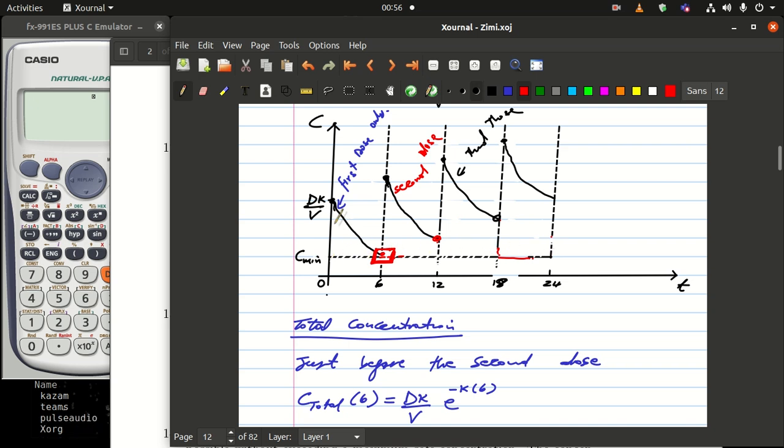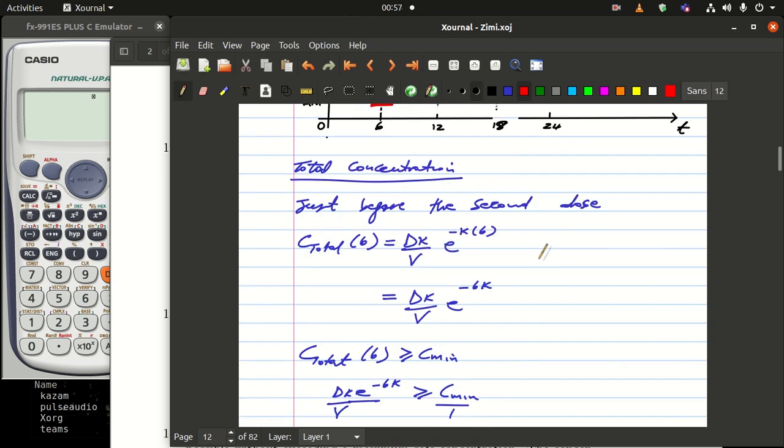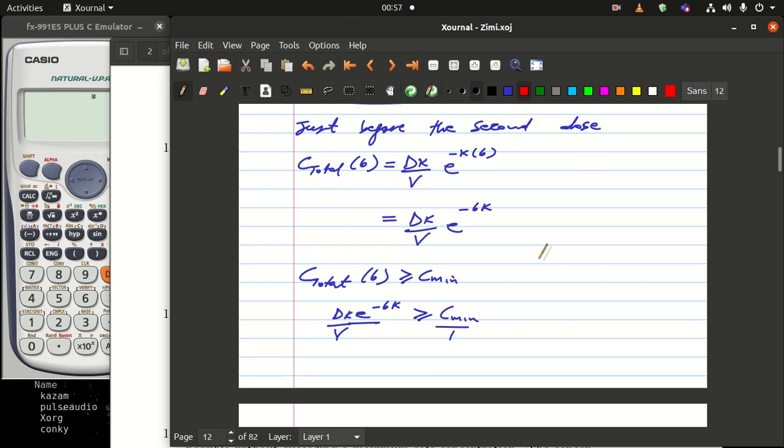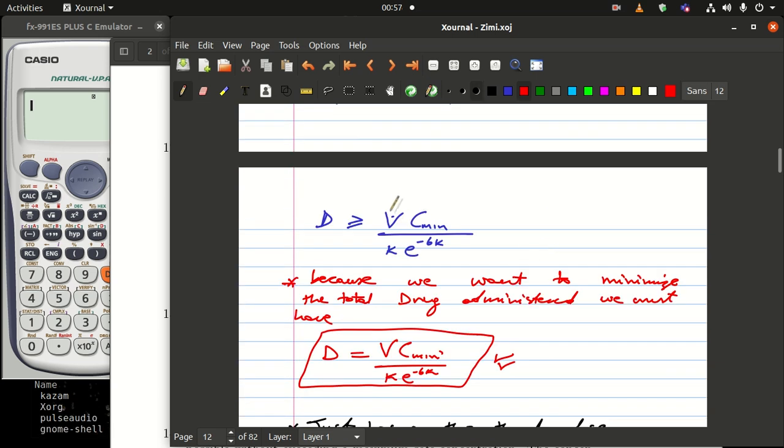Whatever value I pick at this particular point, I want to make sure that it is going to be above this initial point. So for the first concentration, D must be bigger than this.